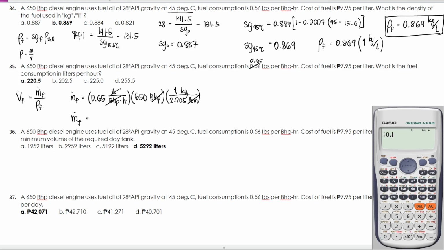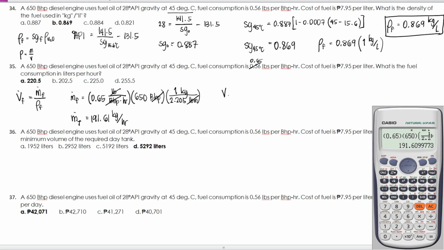Again, that is 0.65 times 650 times the conversion of 1 over 2.205. Ayun, that is 191.61 kilograms per hour.